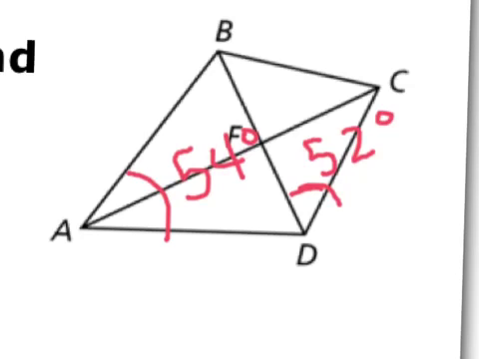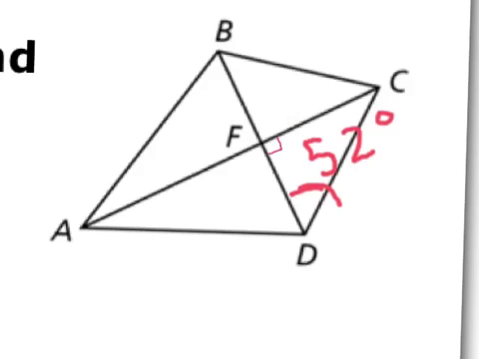For now, I actually wouldn't focus on this 54 at all. I suppose there are some ways that you could use it, but I can do this without the 54. I would look at this right here as a right triangle, because again, we just learned that these diagonals have to be perpendicular.